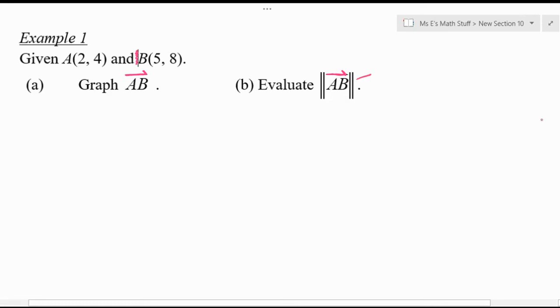So these symbols right here, magnitude of vector AB, which I have a friend, Kenny, I met him when I was in grad school. Actually, before I tell you the story, I should write this correctly. Vector AB.